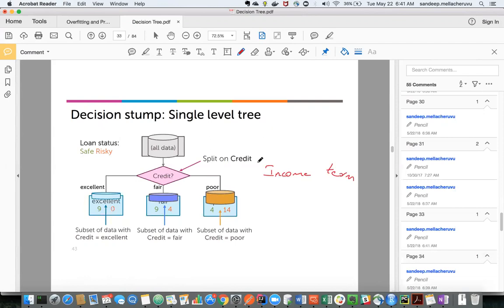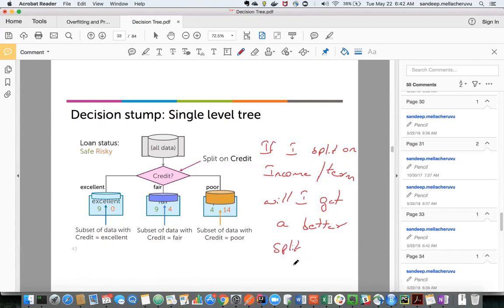So the question is, if I split on income or term, will I get a better split?